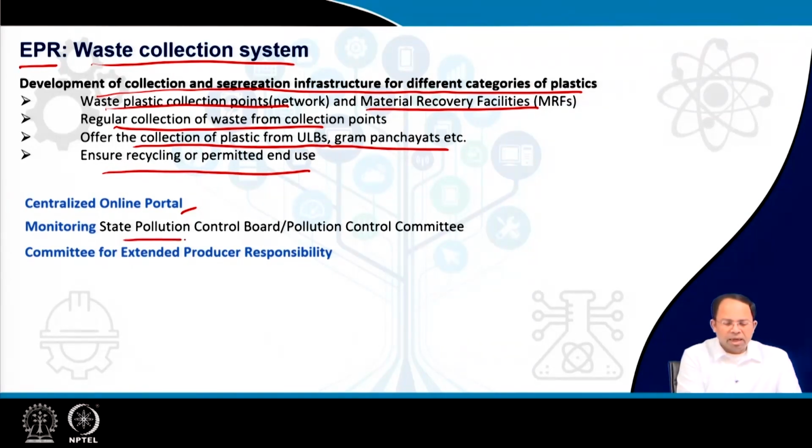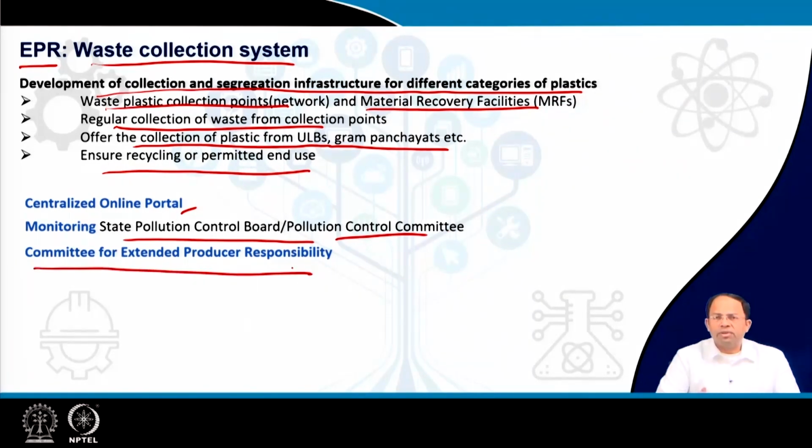And the monitoring has to be done by the State Pollution Control Board or Pollution Control Committees, and there has to be a committee for extended producer responsibility which revises these guidelines after certain times. So that is all about extended producer responsibility, and as you can understand, without extended producer responsibility we cannot reduce the total quantity of waste that is generated for plastic, of course.